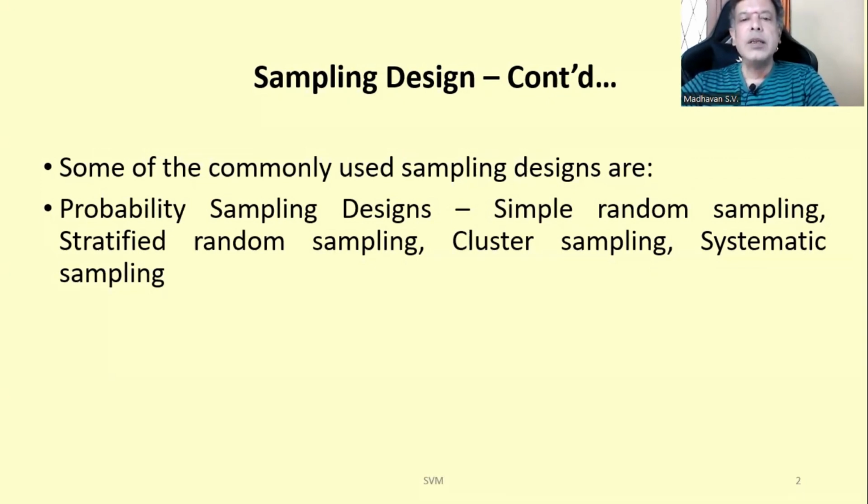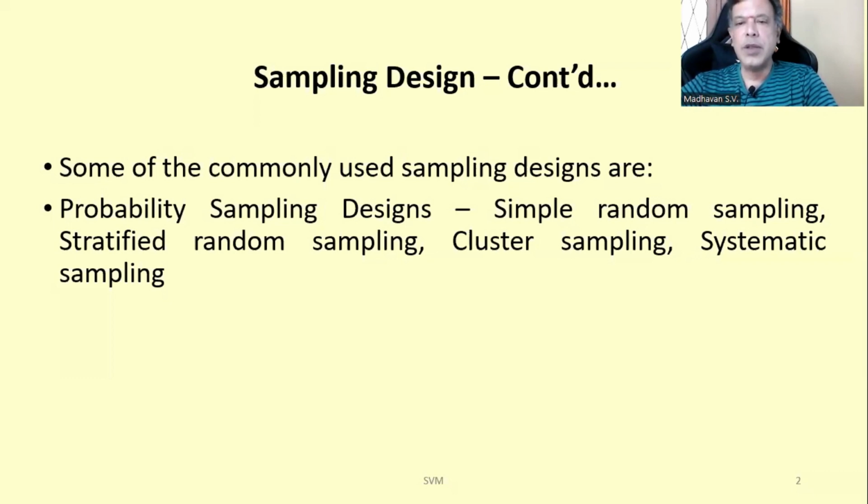Then any of those clusters will be randomly chosen, not just one, more than one also. For example, if there are 15 clusters, out of which we plan to select 3, those 3 clusters will be randomly selected. Then the whole cluster will be surveyed or interviewed. That is basically cluster sampling.